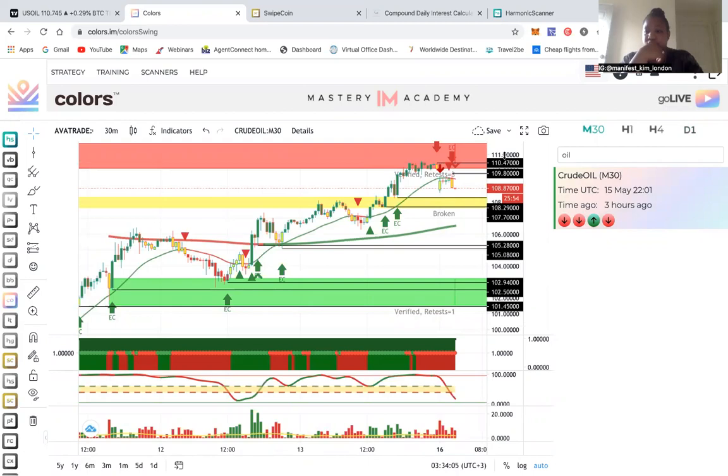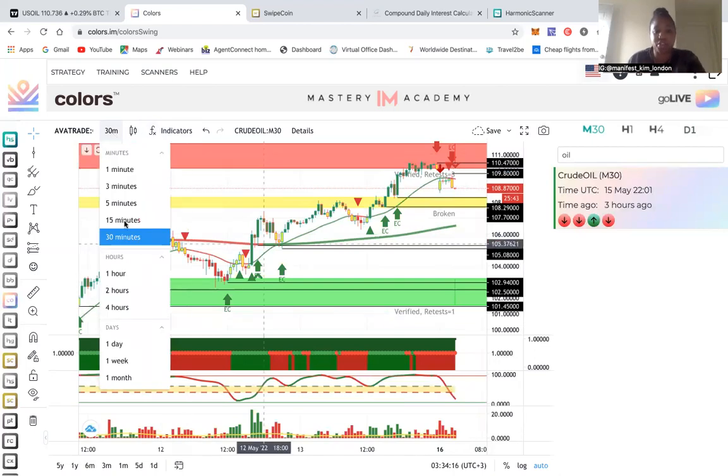Everybody winning. So you don't even have to go onto the day, guys. You could stay on the 30, wait for everything to line up, or you could drop down to the 15 or to the 5 from the 30 for your precise entry. Come back to your 30, set your stop loss and your take profit, and that's you done for the day.